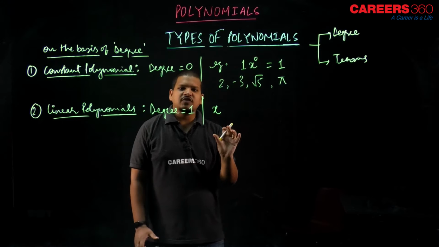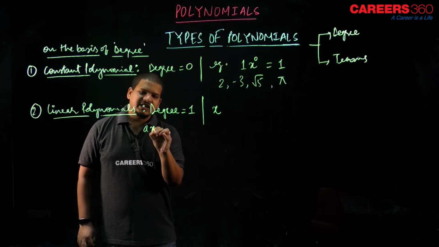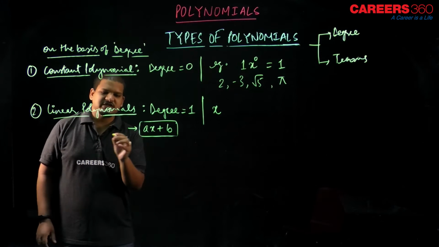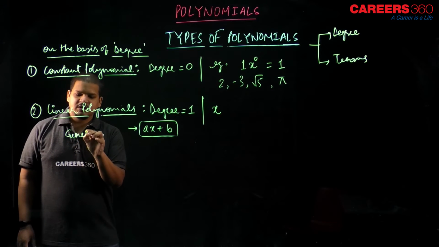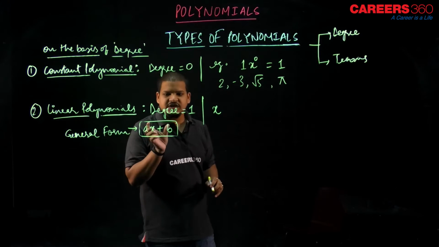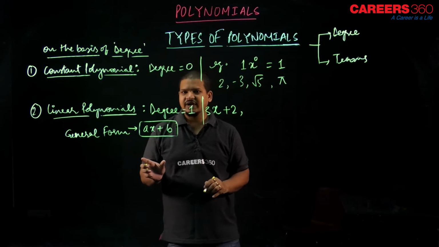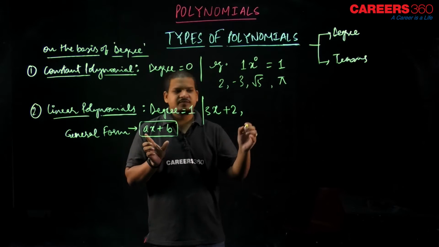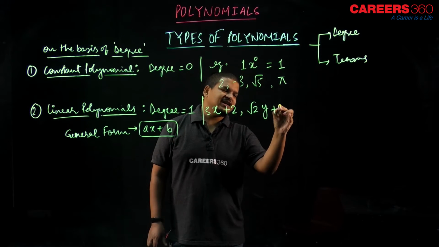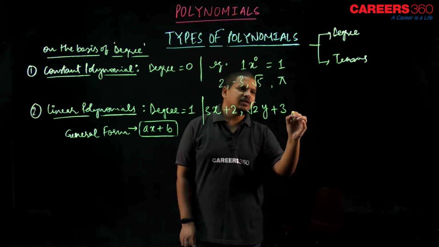The general form of these linear polynomials is ax plus b. So here 3x plus 2 could be my example, right? What else can be my example? Under root 2 y plus 3, right? This could be one of the examples.